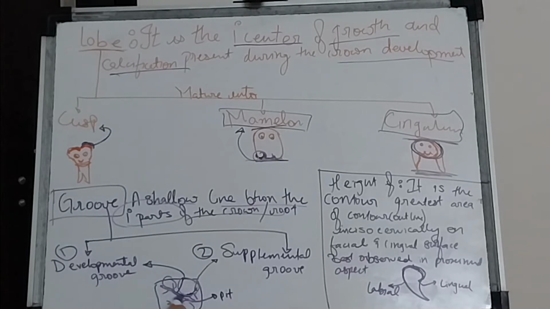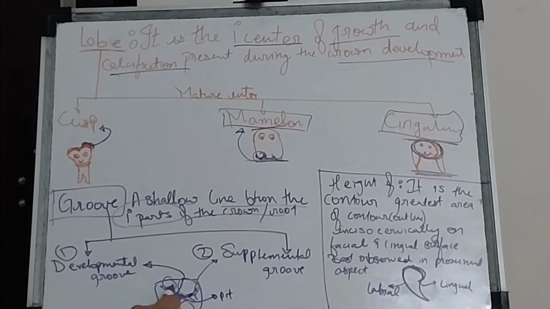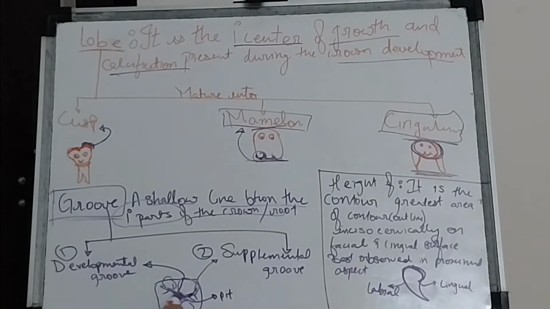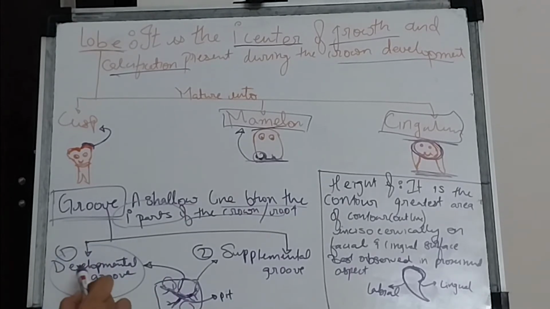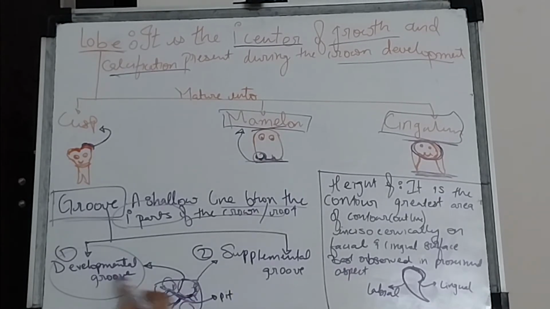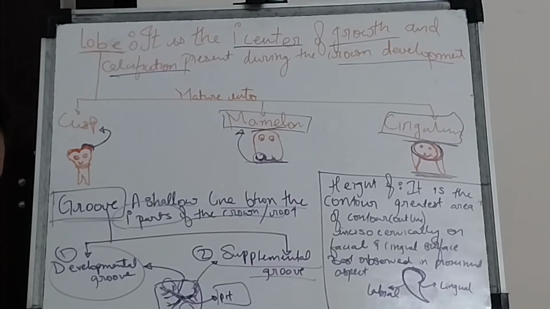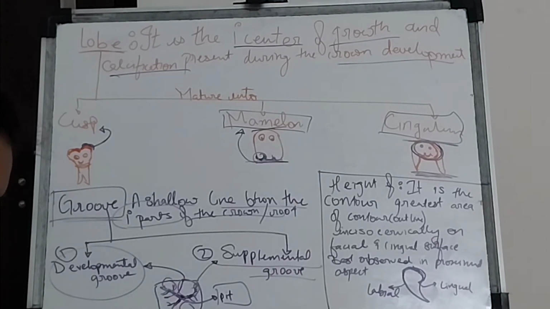So this one which is deeper is called the developmental groove, and these small ones like tributaries which are supplementing these developmental grooves are called the supplemental grooves. Okay, and these grooves meet over here, it is the pit. The junction of the terminal of developmental groove is called a pit.